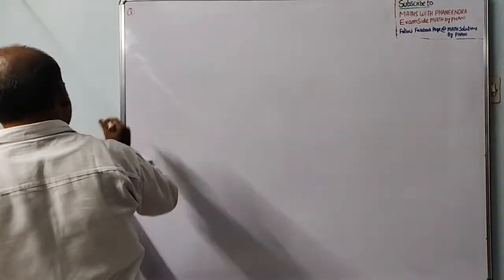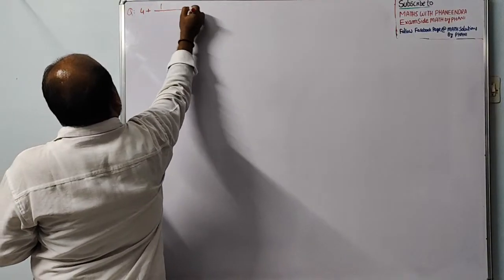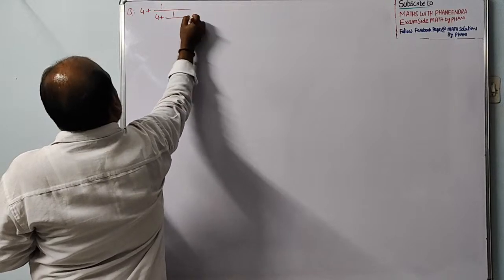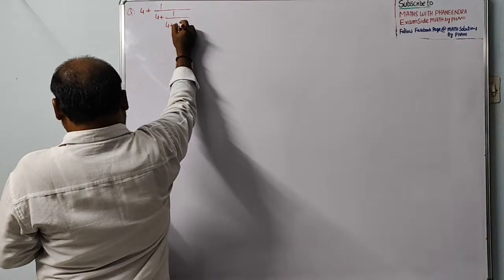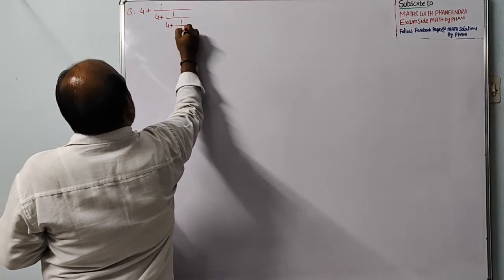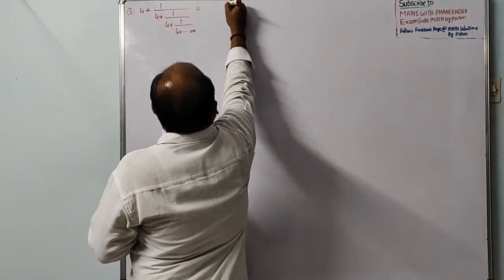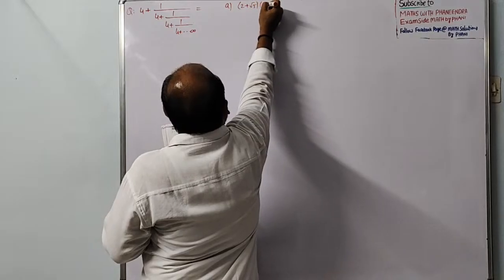The next question. 4 plus 1 by 4 plus 1 by 4 plus 1 by 4 plus and so on up to infinity is equal to. So first option, 2 plus root 5 into 2 minus root 5.